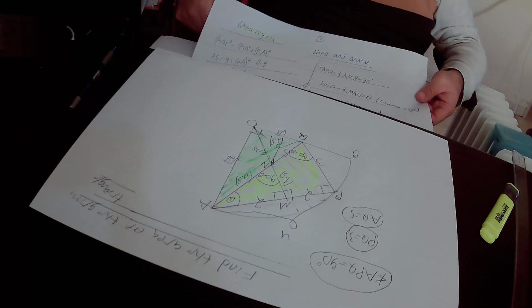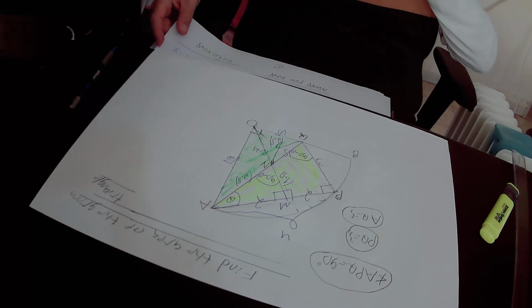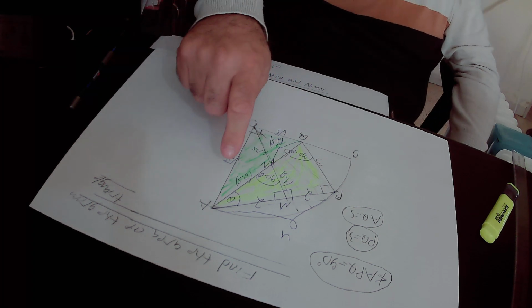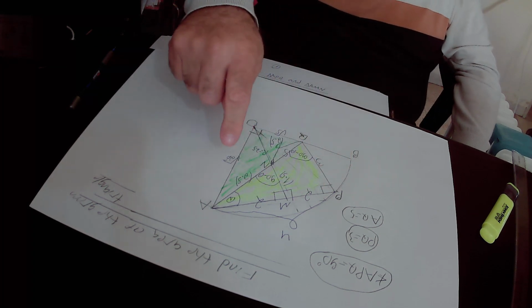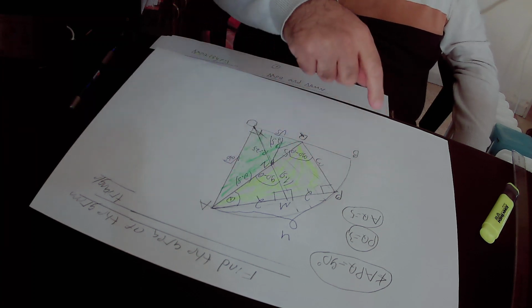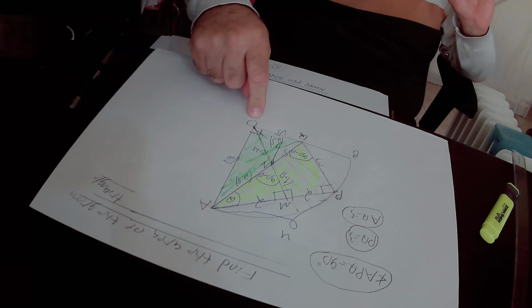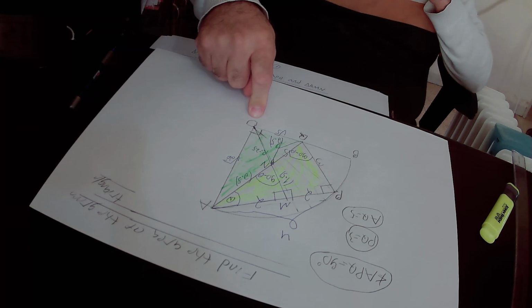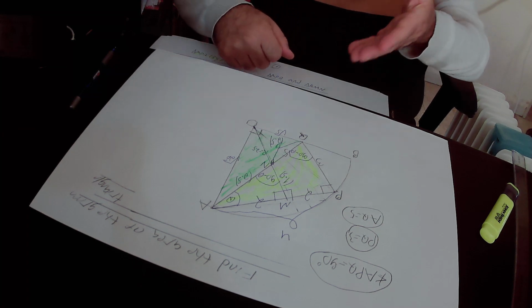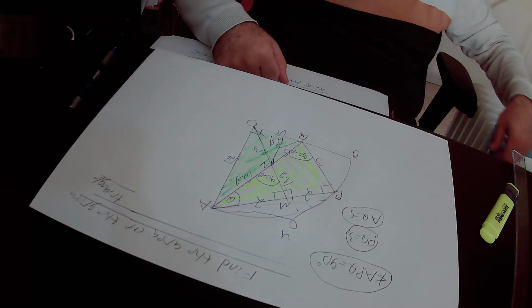Then we know that AOB is a quarter circle. If we complete the quarter circle to a circle, then point O will be the center of this circle. And we have rule number 2: a perpendicular from the center of the circle towards any chord bisects the chord.